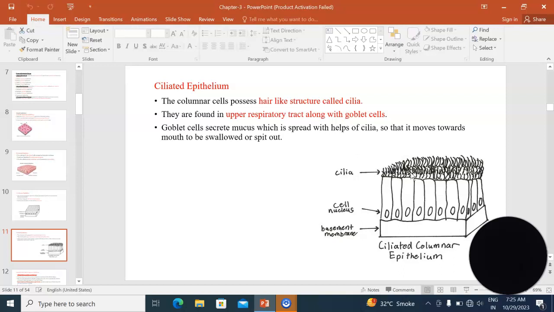So basically, ciliated epithelium is a combination of two components, that is column-like cells and hair-like structures called cilia, which are present on the top of the cells. It also consists of goblet cells through which mucus is secreted, and that secreted mucus is spread in the respiratory tract with the help of the cilia. As it moves upwards, that mucus will get spit out or swallowed.